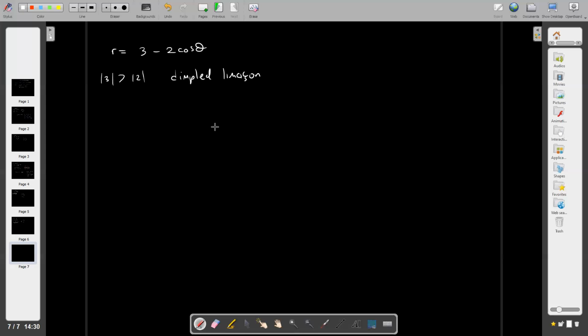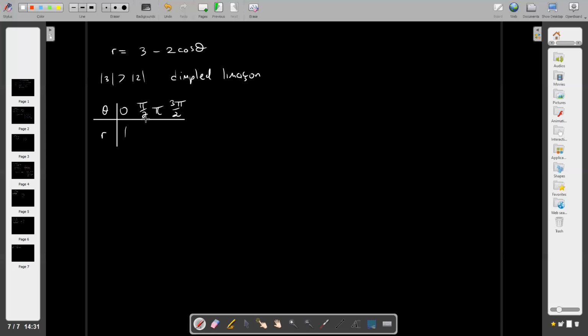So we just need to get a table now. The table is going to have just the key points. We know the general shape, we just want a couple of values on it. So that's theta: 0, pi on 2, pi, 3 pi on 2. When theta is 0, cos is 1, so this becomes 3 take 2 is 1.